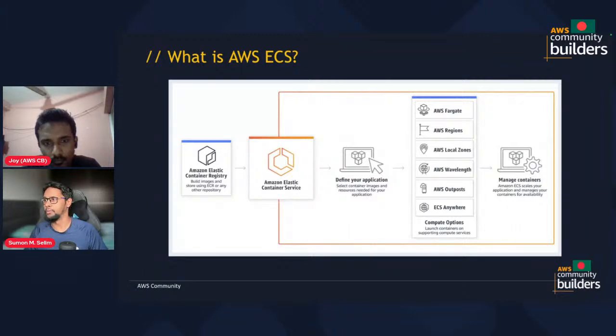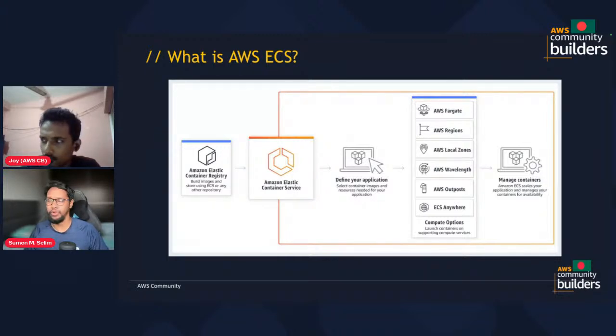We'll get to know more about those in the upcoming slides, but we define which image to use and how many resources we need. Then ECS will take care of spinning up all the resources and running that containerized application in AWS infrastructure.